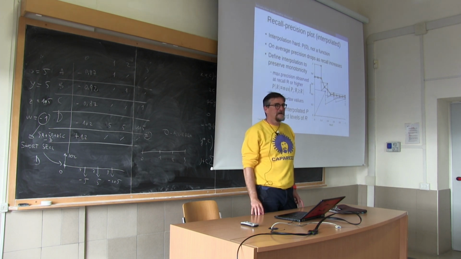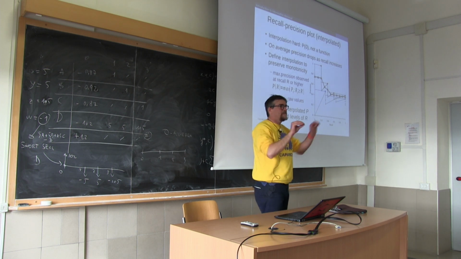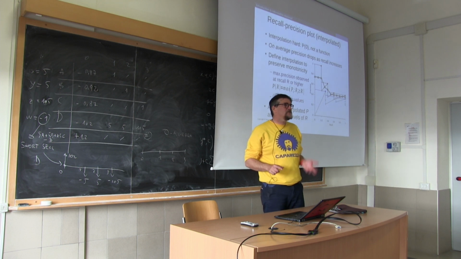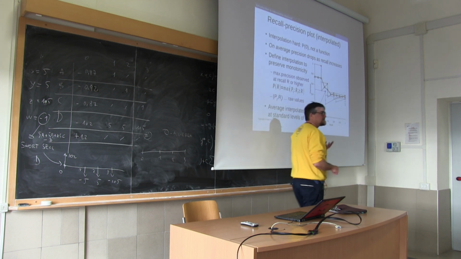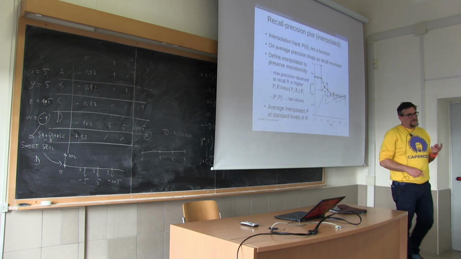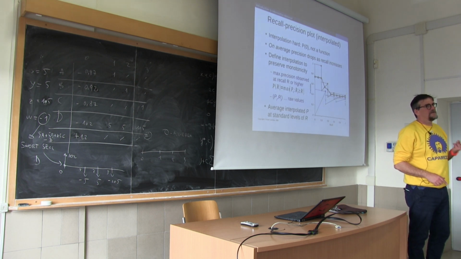Okay? So the problem is that I have points. I do not have curves. So what I want is a general purpose mechanism to compare two systems. What I can do is interpolate the points in order to generate two curves.